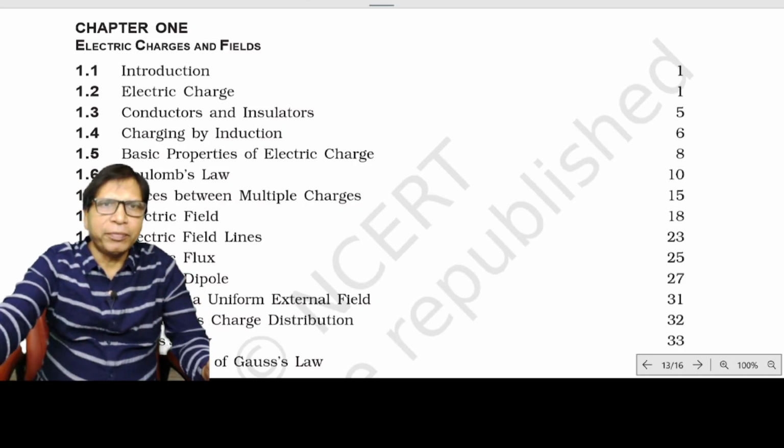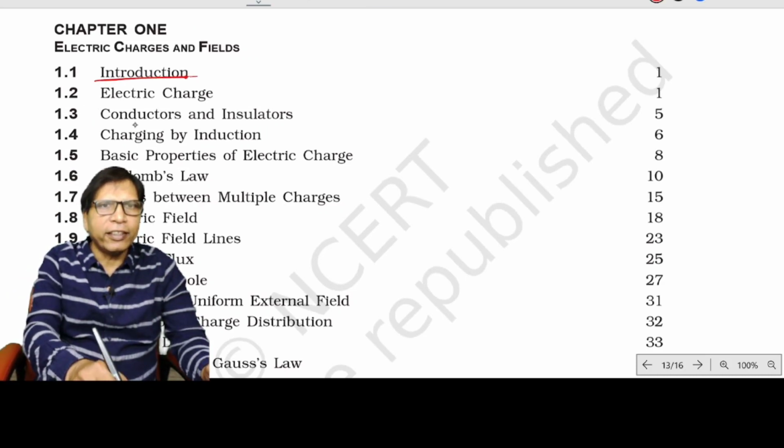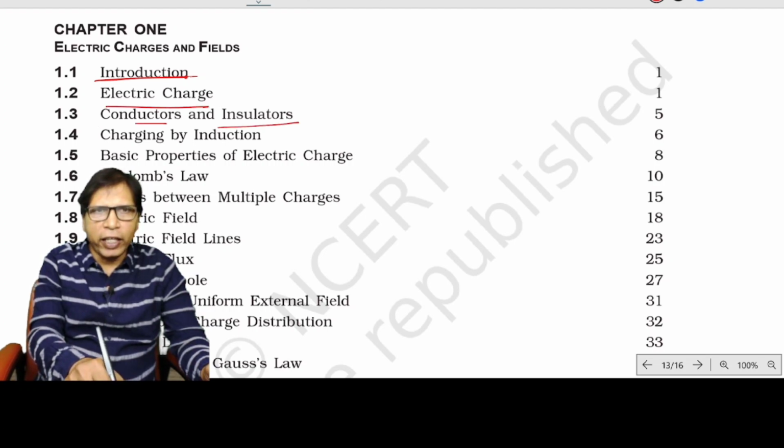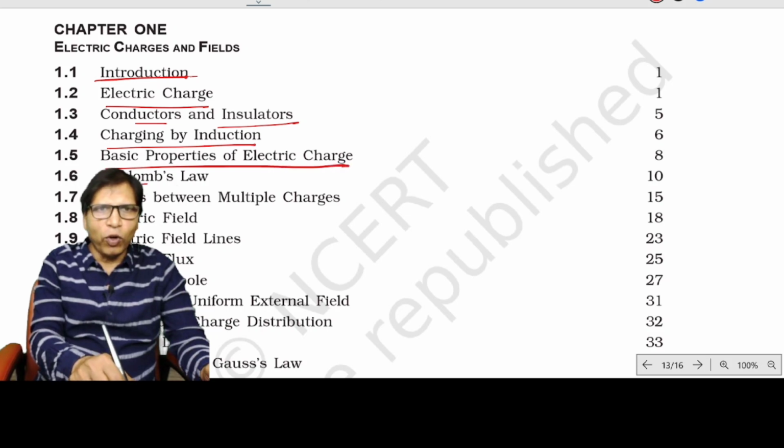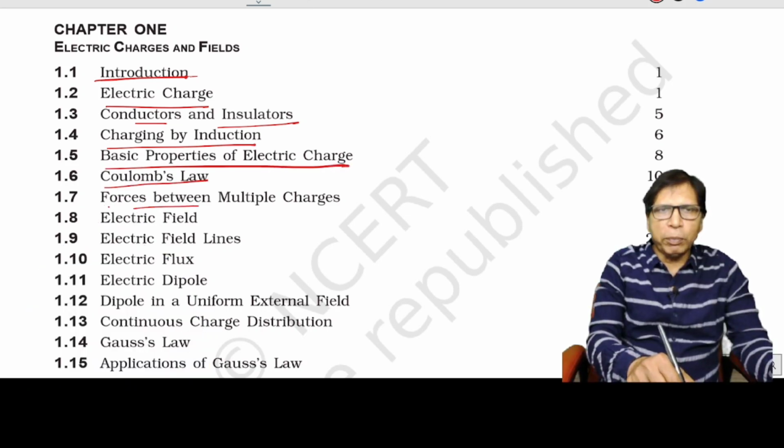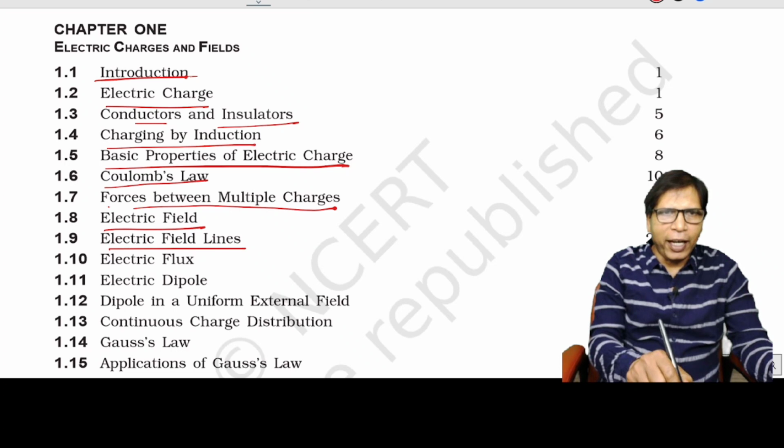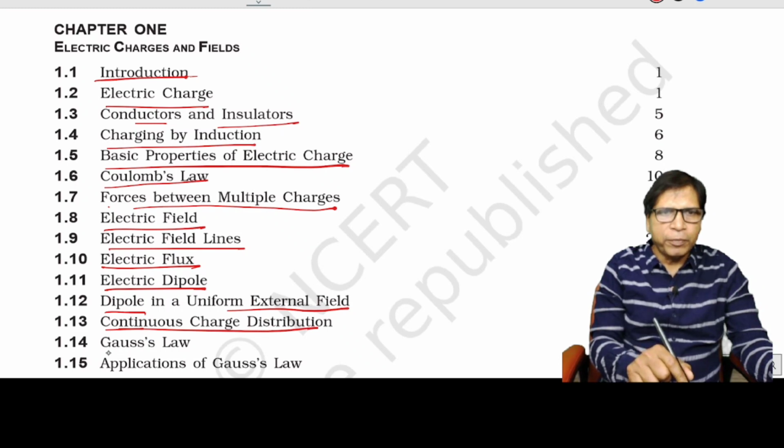My topics are first of all introduction, then electric charge, conductors and insulators, charging by induction, basic properties of electric charge, Coulomb's law, forces between multiple charges, electric field lines, electric flux, electric dipole in a uniform external field, continuous charge distribution, Gauss law, and application of Gauss law.